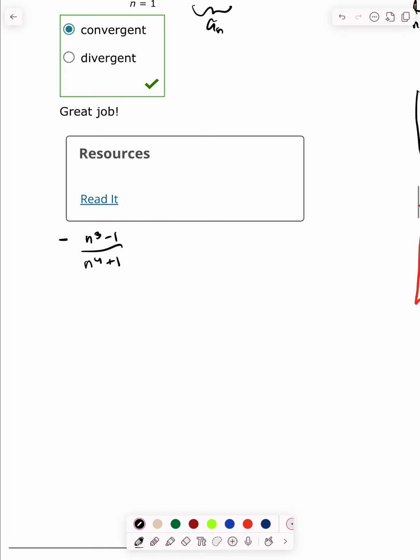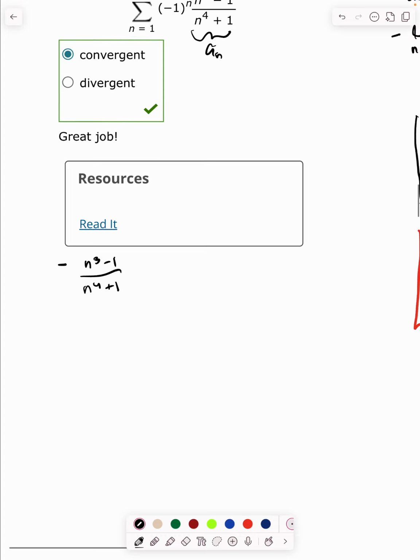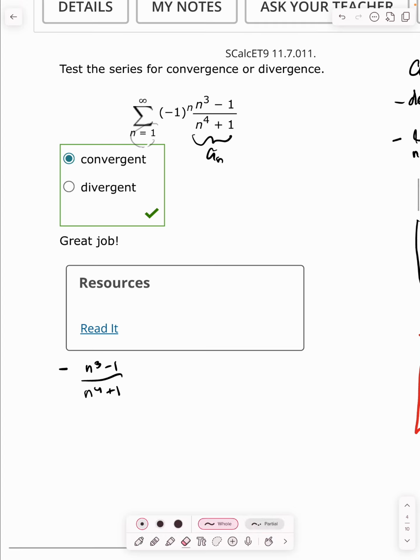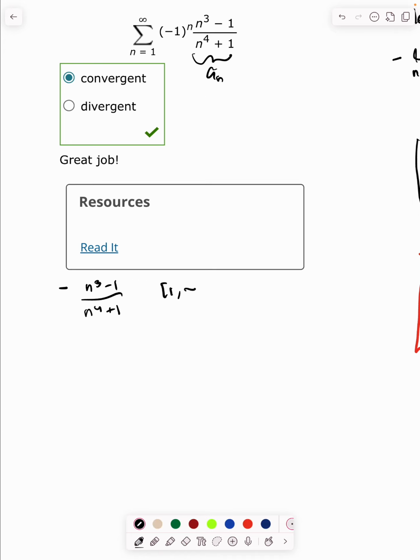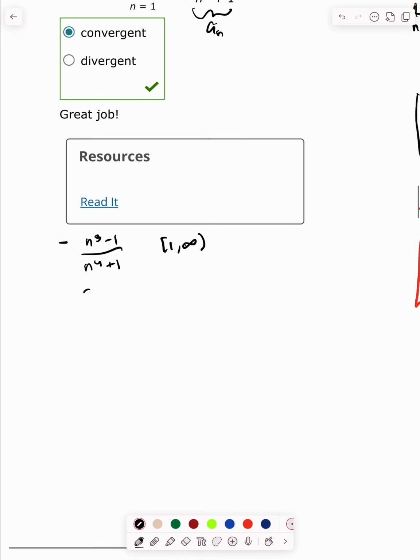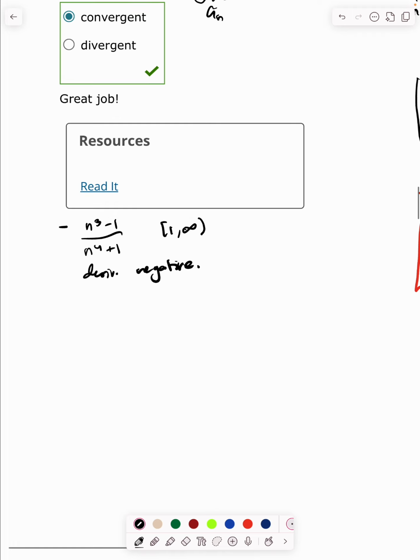So the best way is to show that over the interval, since we only care about sequence behavior from n equals 1 to infinity, the derivative is negative. Because what does the derivative being negative mean? It means that it's always going down, right? That's exactly what we're looking for.